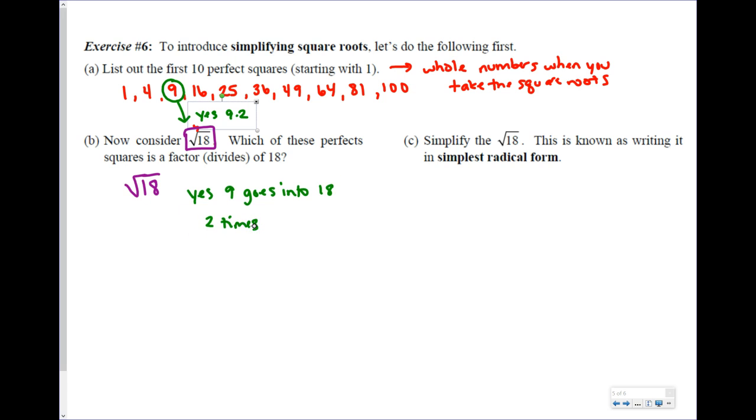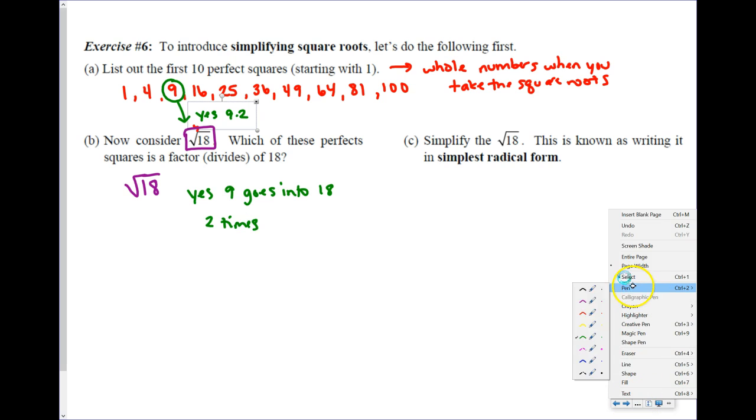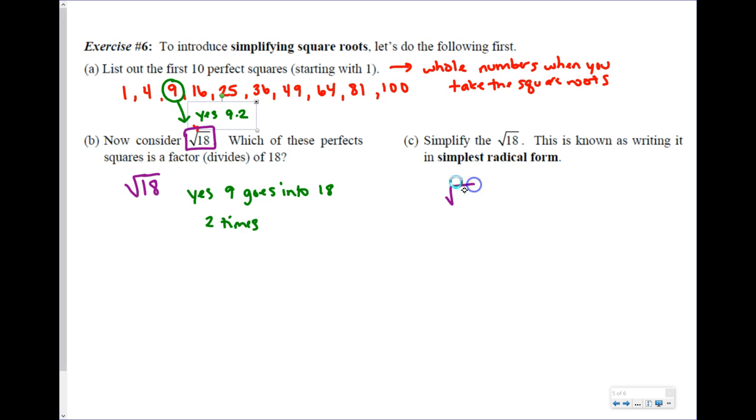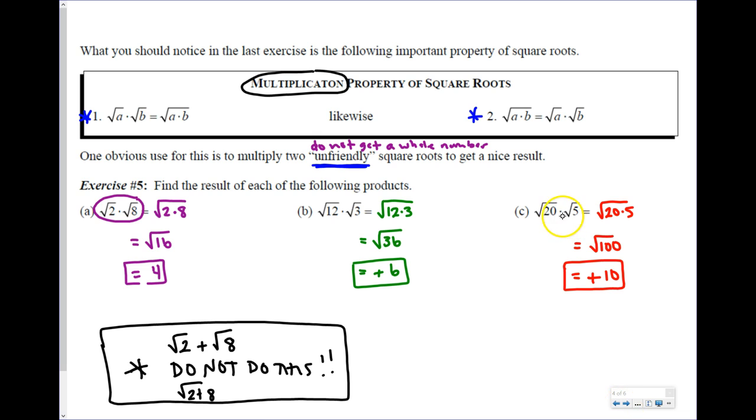Once I know that information, now I can start to simplify this. So pay very close attention. I have the square root of 18. I'm going to rewrite this using the property I just learned, breaking apart the 18 into 2 separate square roots. It's the same thing I did here, except backwards. Right here they were already separated and I combined them.